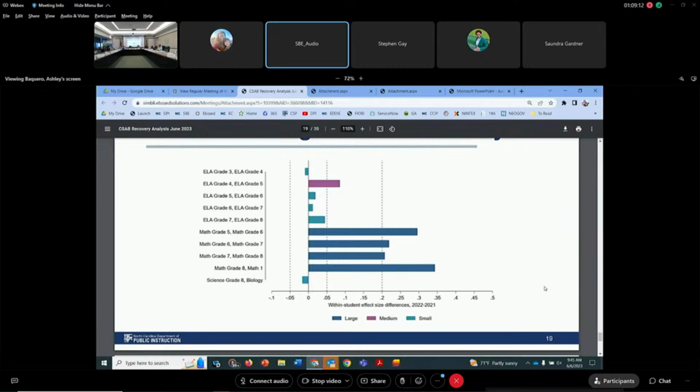I just want to draw back to Dr. Eldridge's earlier comment. In making this comparison between the growth status and what we expect in terms of student performance as compared to proficiency rates, I think that's where this important distinction is. We have a lot of work to do as a state, right? We are not where we expect students to be.